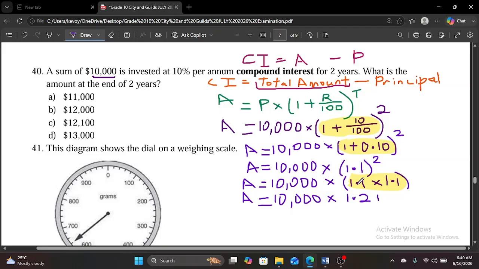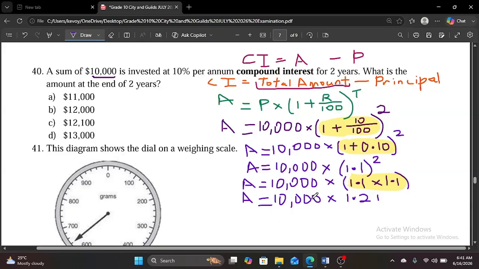So after multiplying 1.1 times 1.1, I get 1.21. It doesn't matter if you had multiplied the 0.10, you still would have gotten the same thing. Me removing the 0 right there did not change anything.